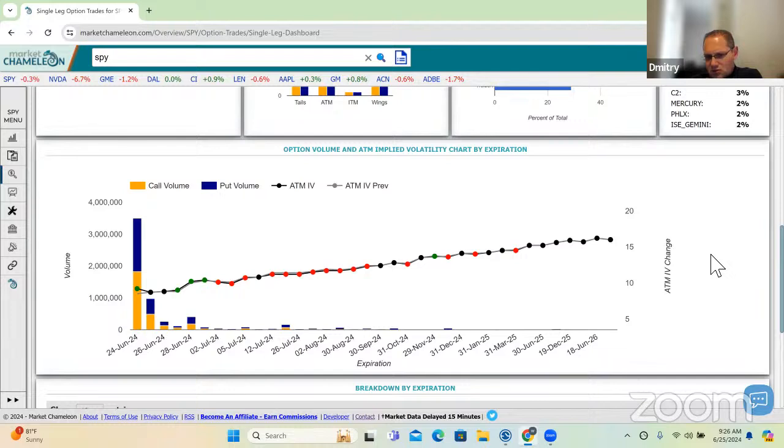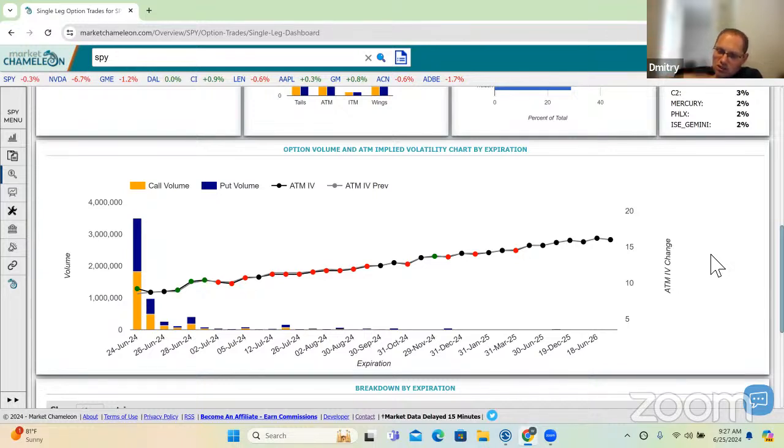And you're going to see green dots and red dots and black dots. What do they mean? Now here, it's hard to see, but there are two lines. One line shows where the implied volatility last was recorded.